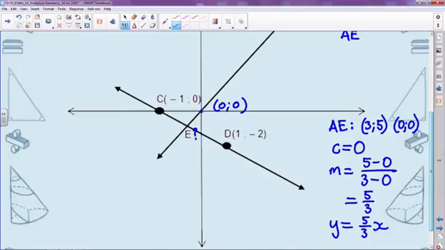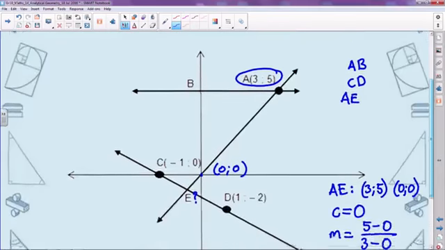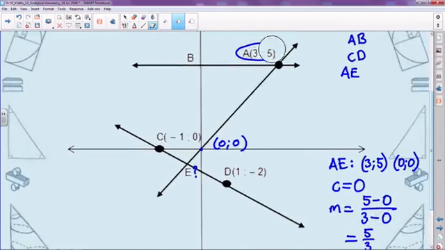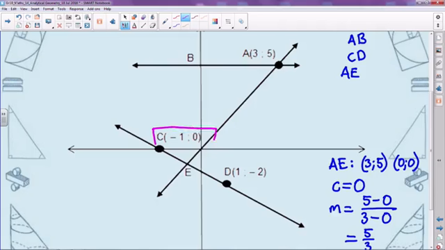So the next one I want to go over is line CD. So let's just get rid of those scribbles and we'll change color. C has a coordinate -1 and 0, and D has a coordinate 1 and -2. Now you'll notice that we don't know what the y-intercept is, so we're going to have to calculate that.